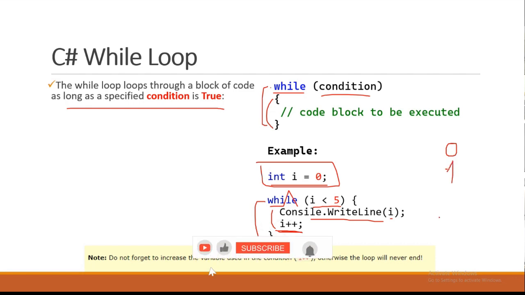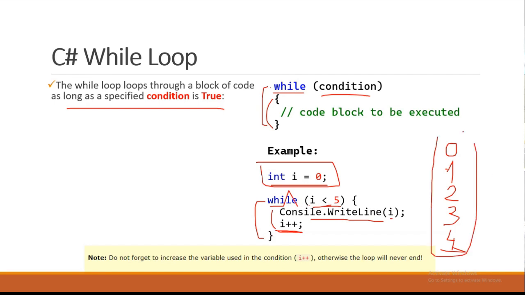It will put 1, the value of i, and then it will be 2, 3, 4. Here it is i less than 5, there is no equal symbol, and because of that, when i reaches 5 the execution will stop, and our application will show the numbers from 0 to 5, but 5 is not included.